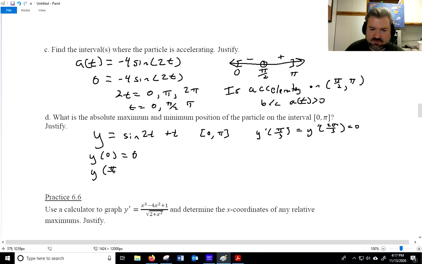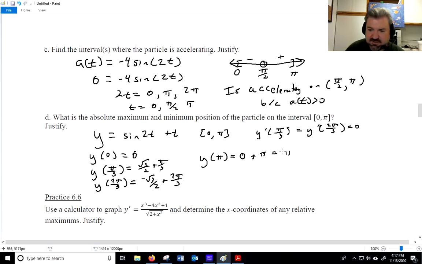Y of pi over 3 is equal to the sine of 2 pi over 3, which is the square root of 3 over 2, plus pi over 3. Y of 2 pi over 3 would be the sine of 4 pi over 3, which is a negative root 3 over 2, plus 2 pi over 3. And what is the y of pi? Well, y of pi would be 0 plus pi, which is pi.